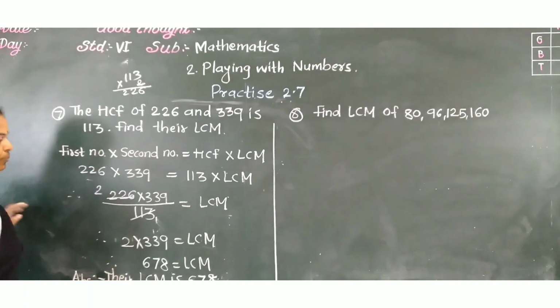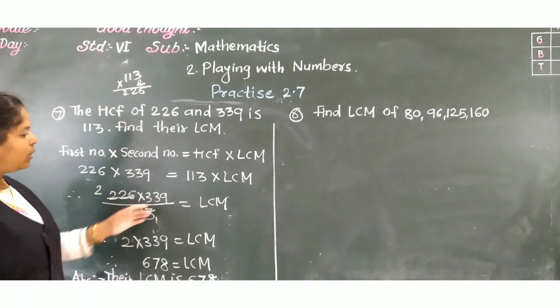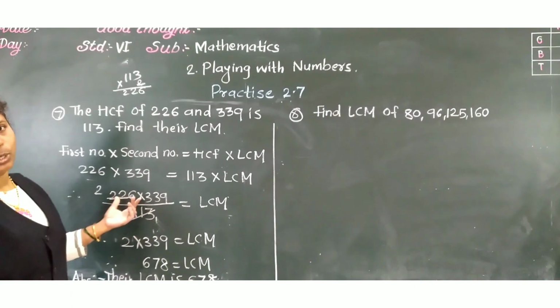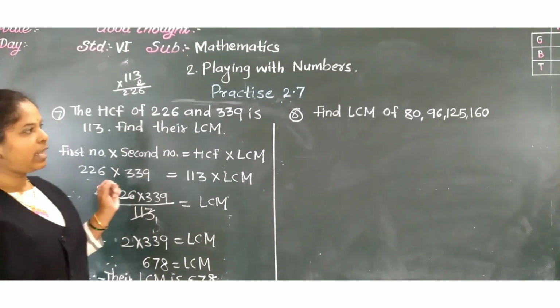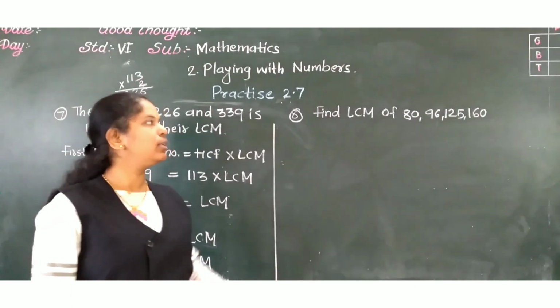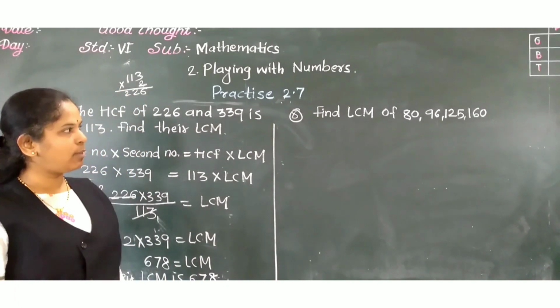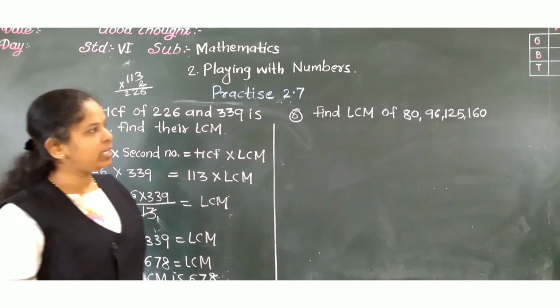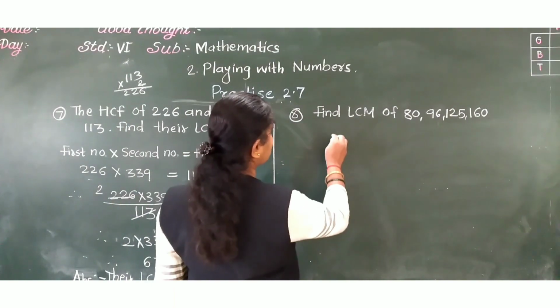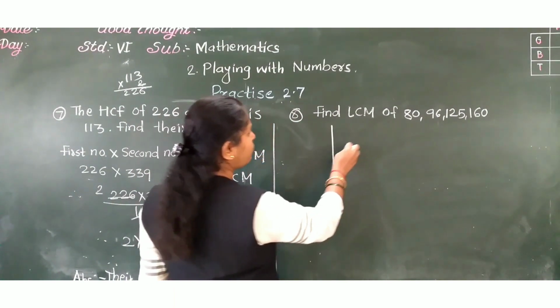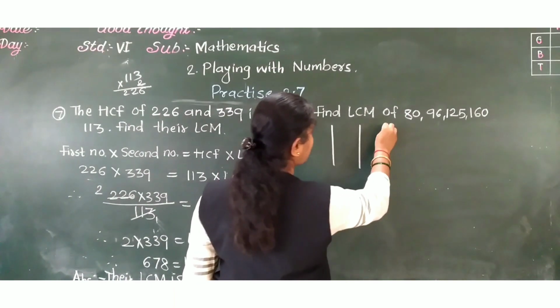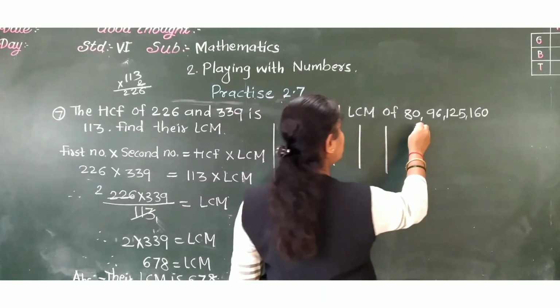Okay. In this way. Only you will have to do this calculation carefully. Next, question number 8. This is from NCERT exemplar. Find LCM of 80, 96, 125 and 160. Again, the division method is short and easy also.